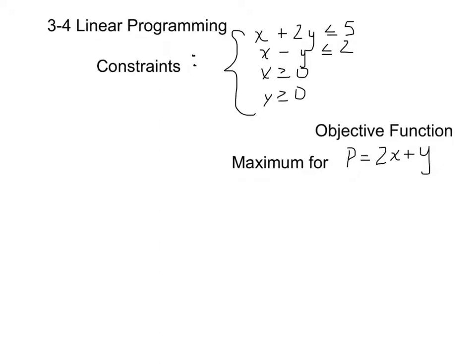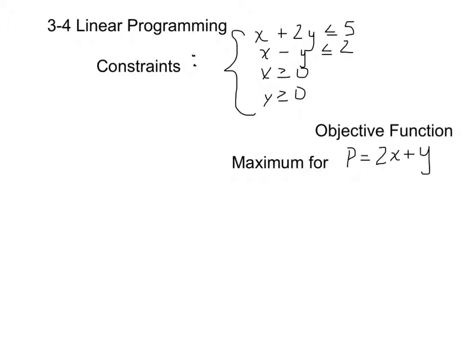Today we're looking at linear programming. Linear programming is a method used to find a minimum or maximum value given a list of constraints or limits. For example, I have 4 limits or constraints that we're going to graph.